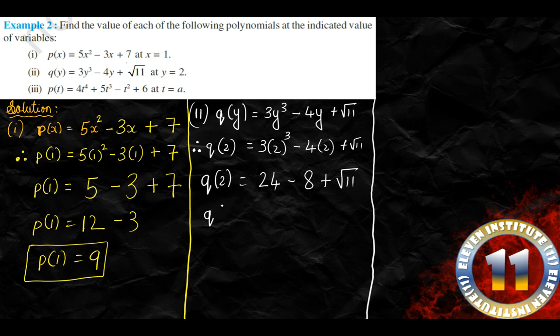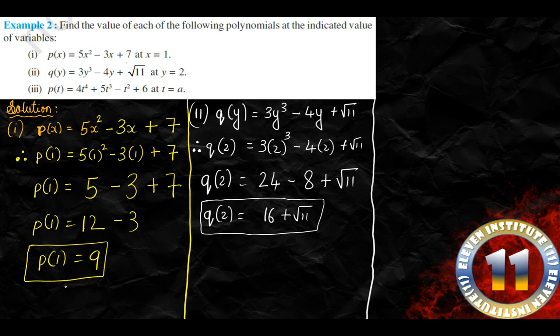So again q2 is equal to, what is 24 minus 8? 24 minus 8 is 16 and this plus root 11 will remain as it is. Now you cannot solve it further because 16 is a rational number, root 11 is an irrational number, both of them are unlike terms. So you cannot solve it further. So this is the answer for q2. I hope you don't have any doubts.